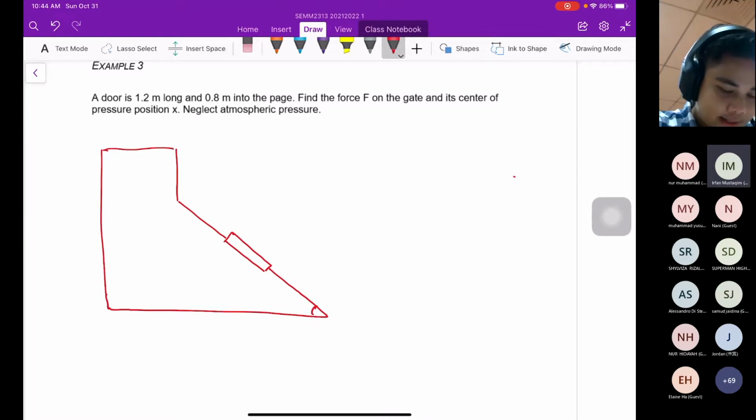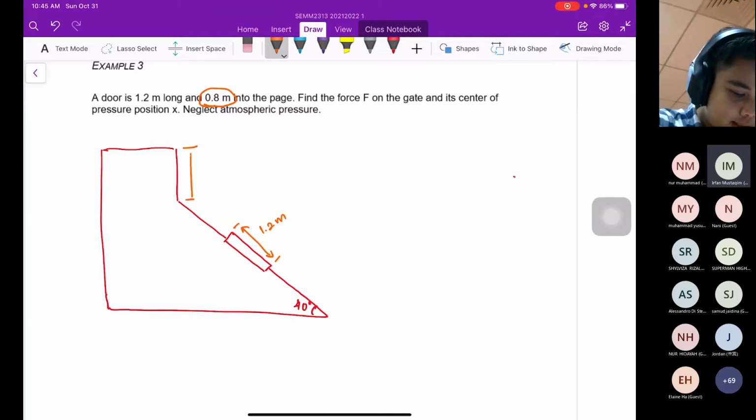Let's say the angle is 40 degrees. This dimension from here to here is 1.2 meter, and 0.8 is into the page.